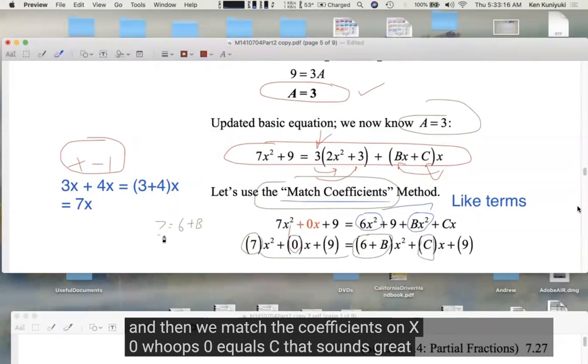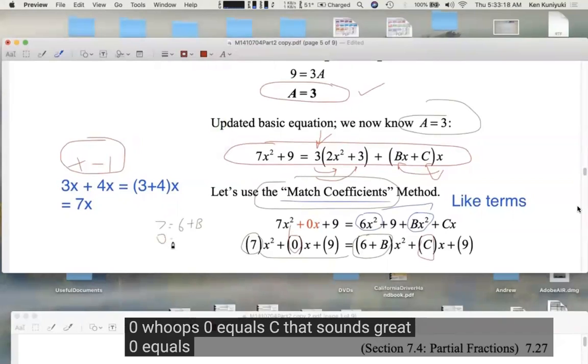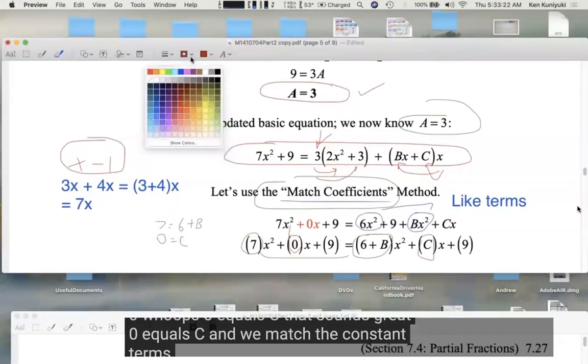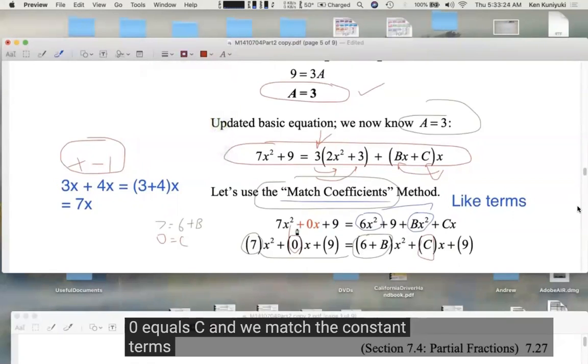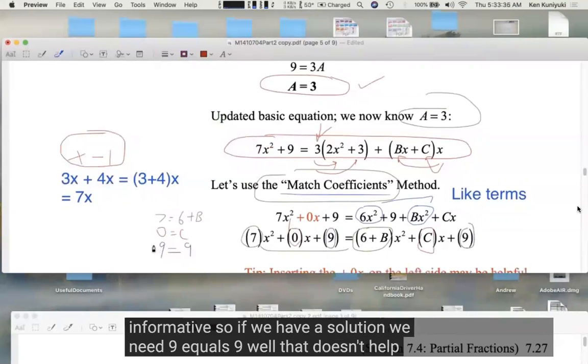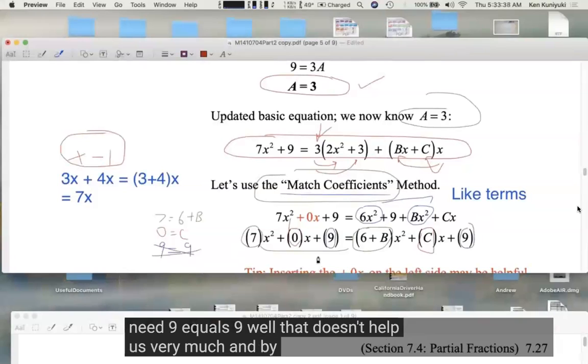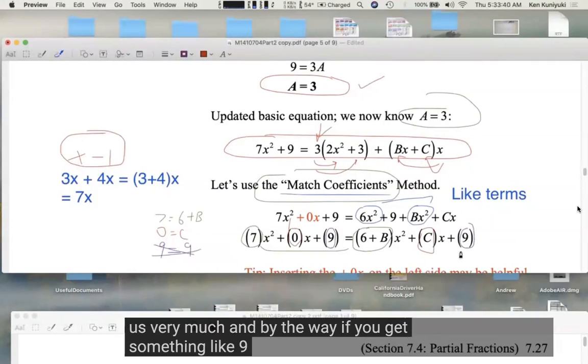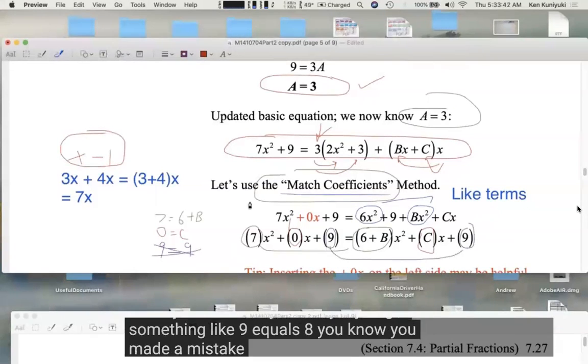That sounds great. 0 equals c. And we match the constant terms. 9 equals 9, which is not very informative. So if we have a solution, we need 9 equals 9. Well, that doesn't help us very much. And by the way, if you get something like 9 equals 8, you know you made a mistake.